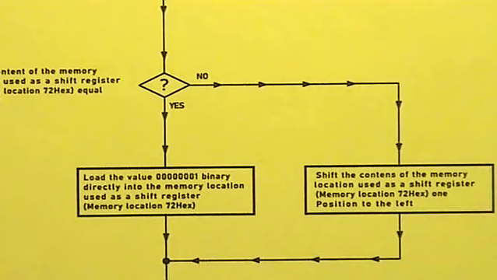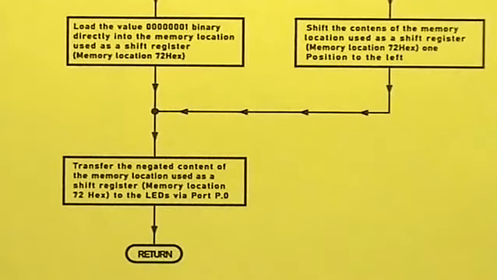Thus, a 1 is shifted step by step every 300 milliseconds through the shift register, until finally the 1 falls out of the shift register and the contents of the shift register are therefore equal to 0. Finally, the content of this memory location, which acts as a shift register, is transferred to the port to which the LEDs are connected.